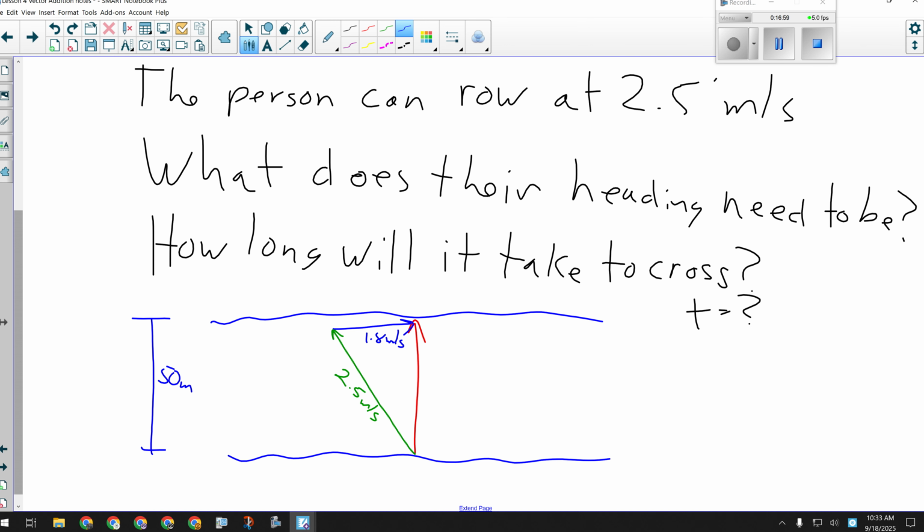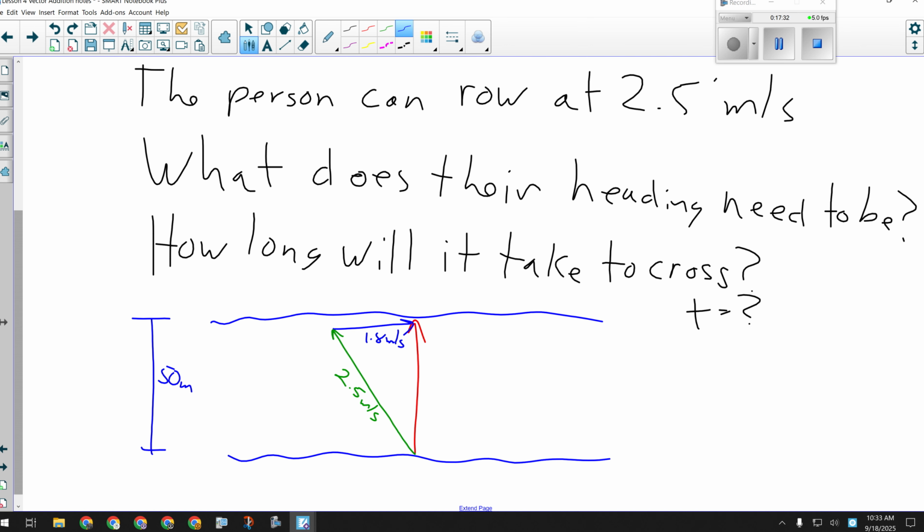Okay, so if the river's 50 meters wide, and I want to figure out how long it takes me to cross the river, which side of this triangle do I need? I need the red line. Okay, this is straight across the river. I can't use this. I don't end up doing this. Okay, this doesn't point straight across the river, so I can't use it to figure that out.